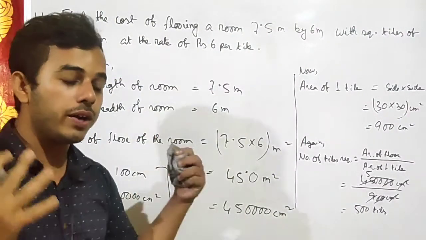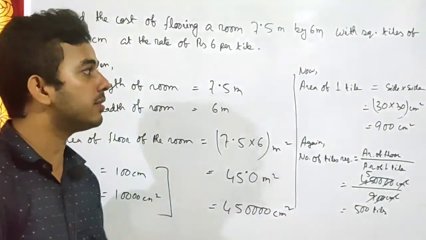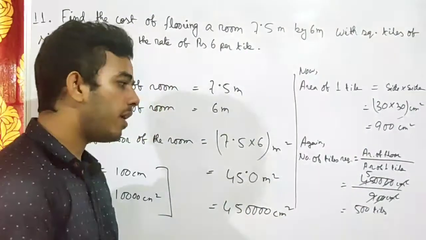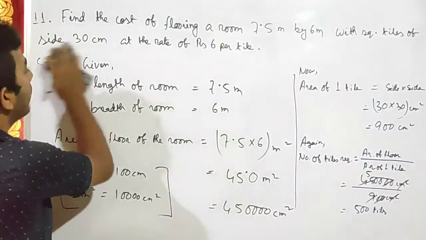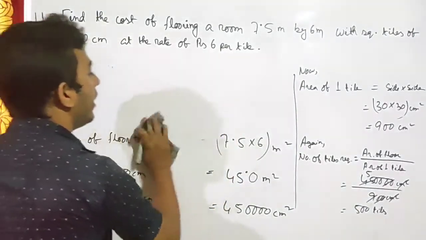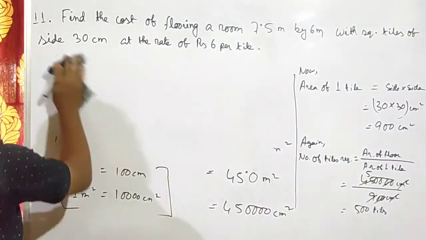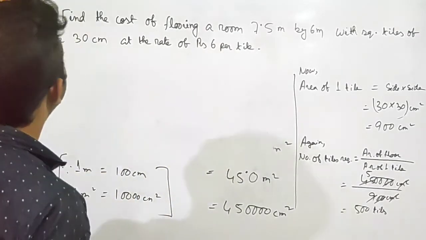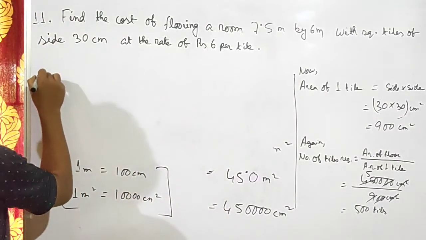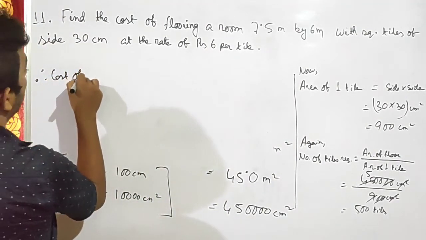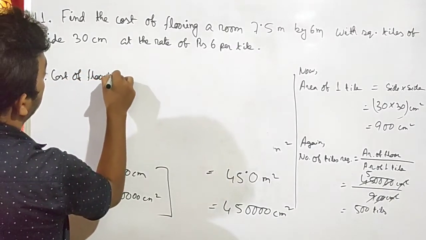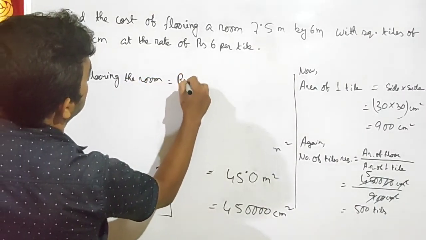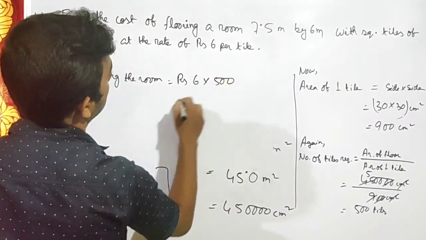What must be our budget to buy 500 tiles? Here cost of one tile is given how much? 6, and so we can easily find out cost of 500 tiles. So we'll write, therefore, cost of flooring the room equals rupees 6 into 500.